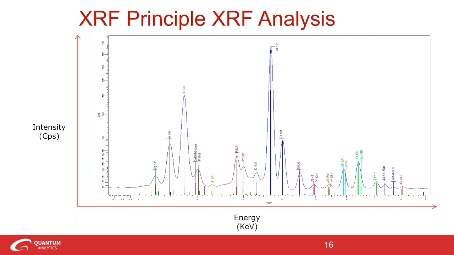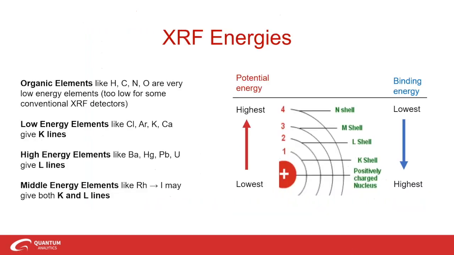So this is your X axis, and the peak height or intensity is indicative of the concentration. When you see various elements, they have their very specific position on the x-axis, and the intensity will give you information about the concentration of that element that's present.